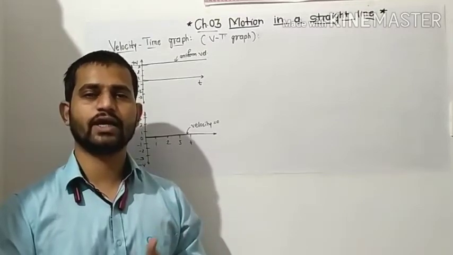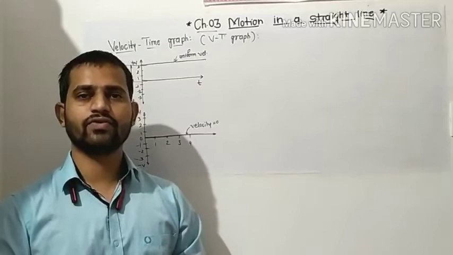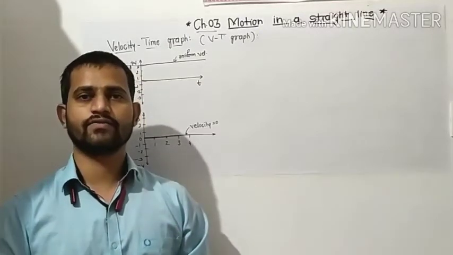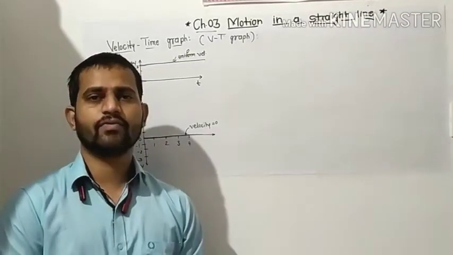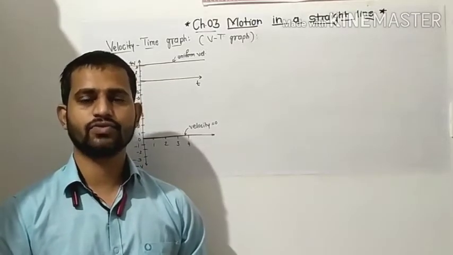Velocity and time are two different quantities, but if we have to represent their relation, then we can draw such a graph. Suppose we have some values of velocity and respective time in a table.